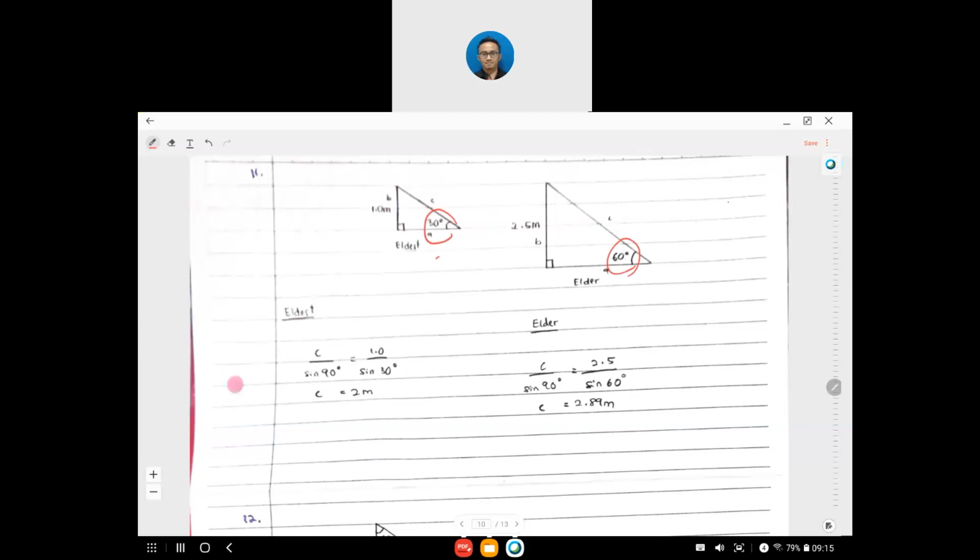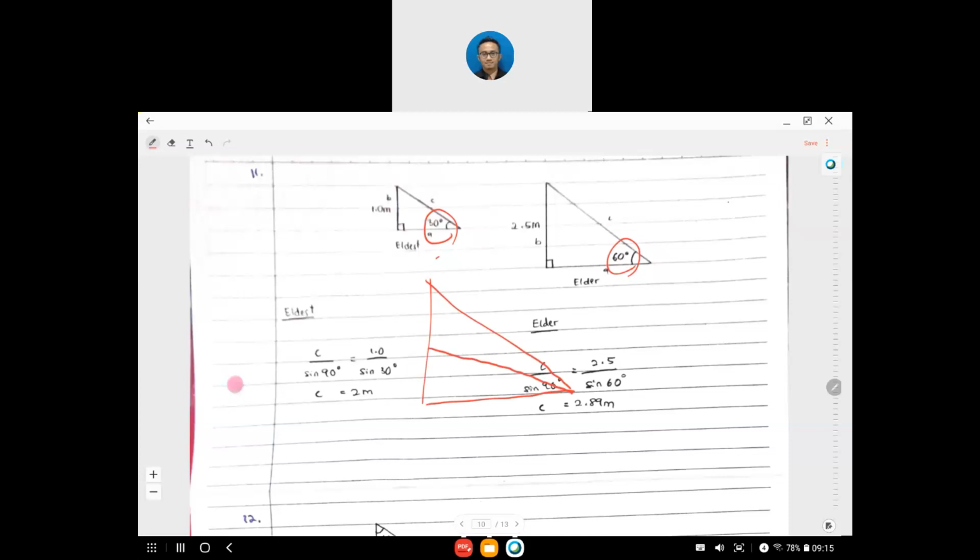You must understand the sentence. She prefers to have a slide whose top is at a height of 1 meter and is inclined at an angle of 30 degree to the ground. Not from the ground, but to the ground. So that means your diagram looks like this, supposedly.